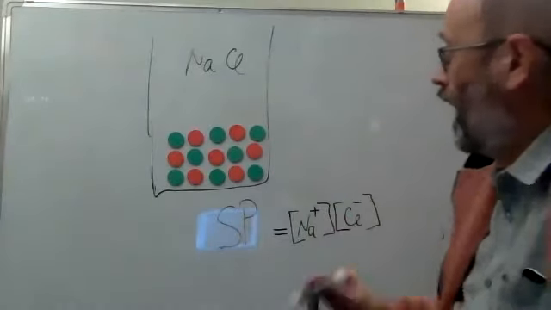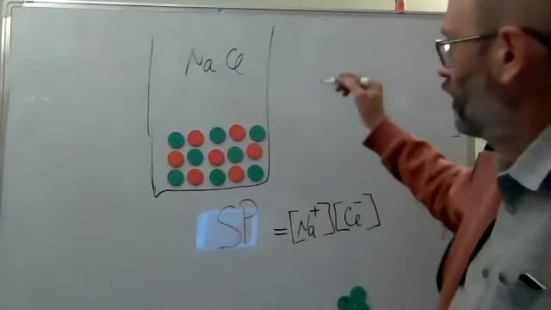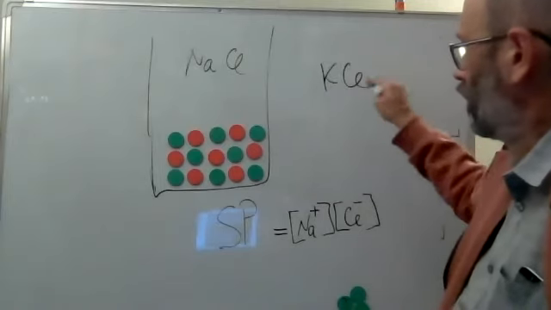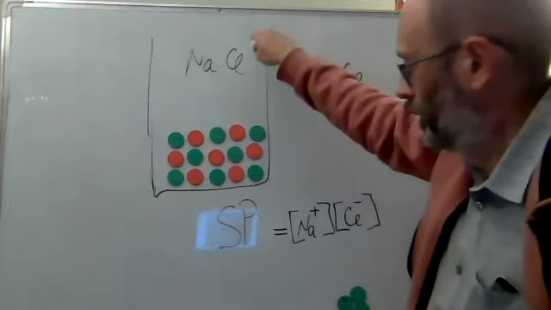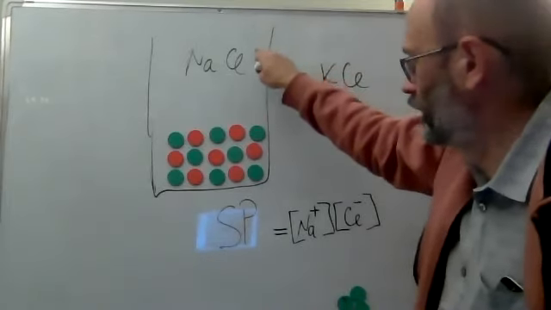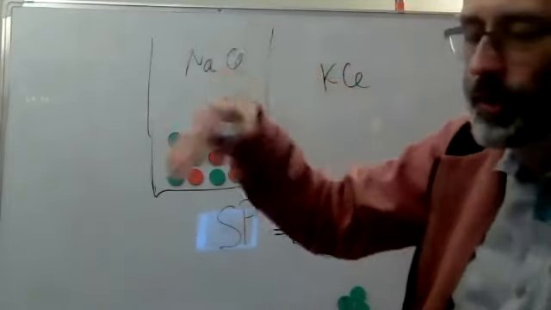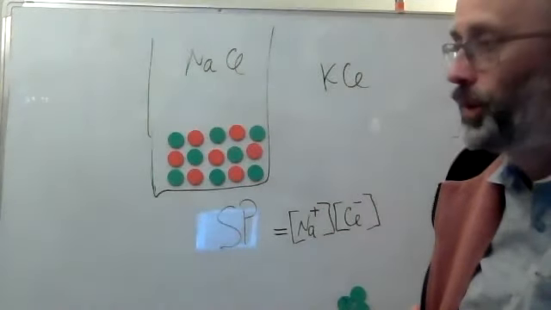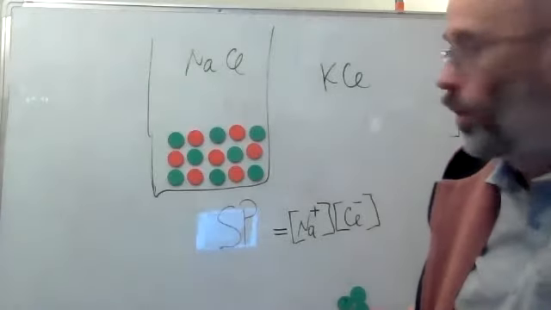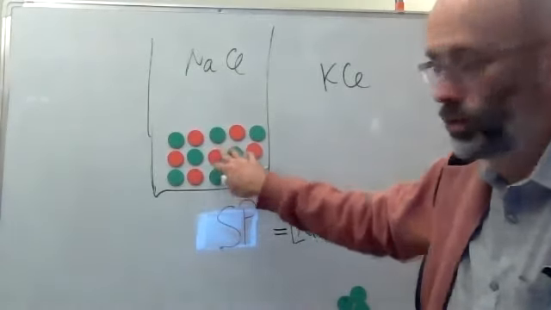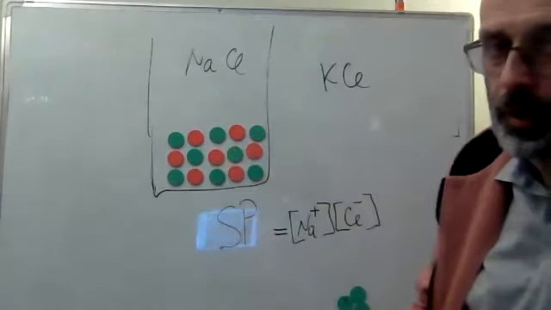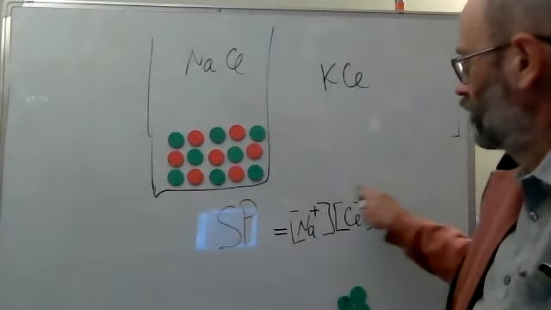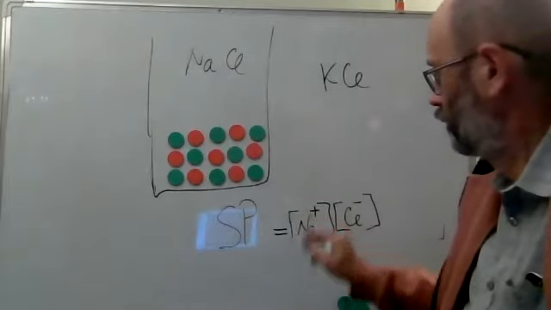Nothing happens. Now we decided to add, for example, potassium chloride here, the solution of potassium chloride, or additional potassium chloride solid. Will it have any effect on this crystal? If you look at this equation, the answer is obvious.